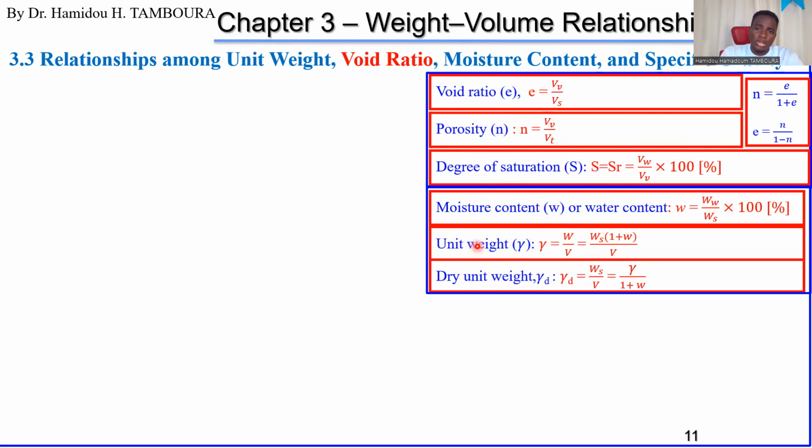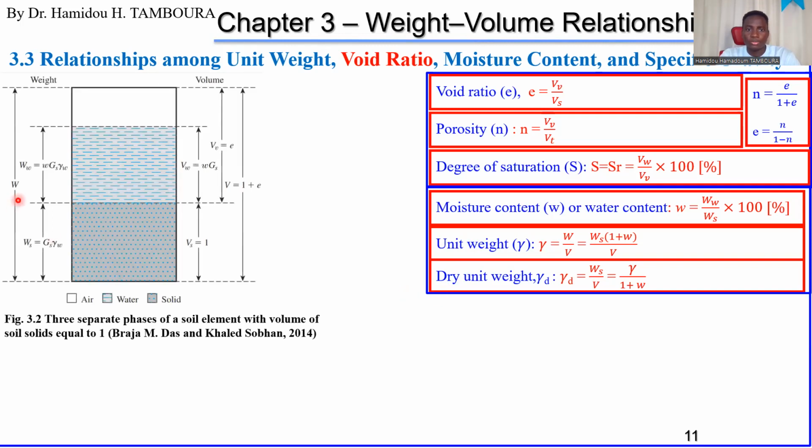So if we consider this situation, the three phases are here: air, water, and solid. But in this case, we will take the volume of solid as 1. Please follow this very carefully.